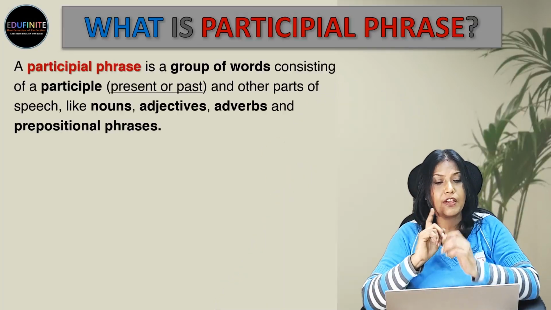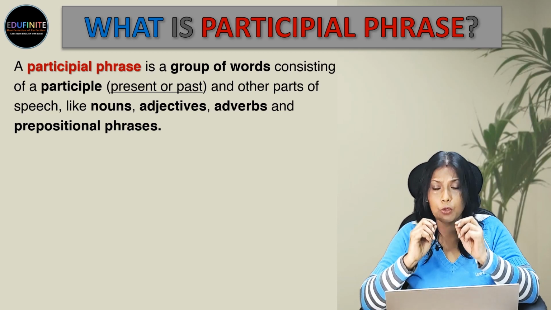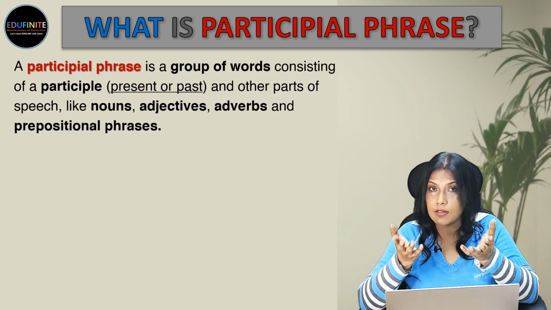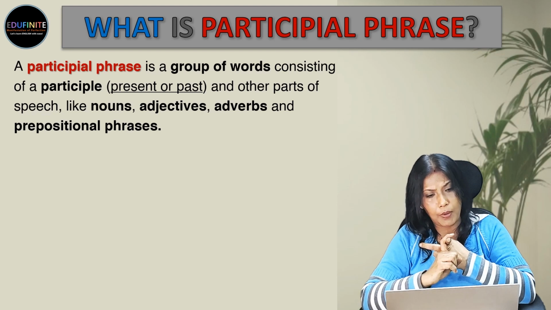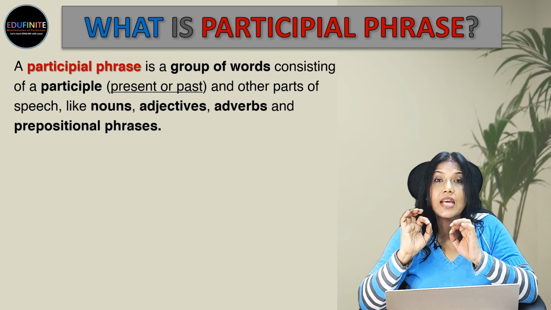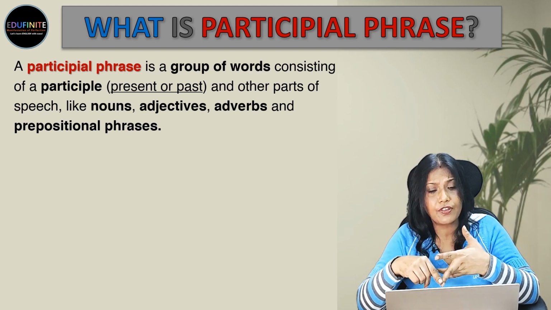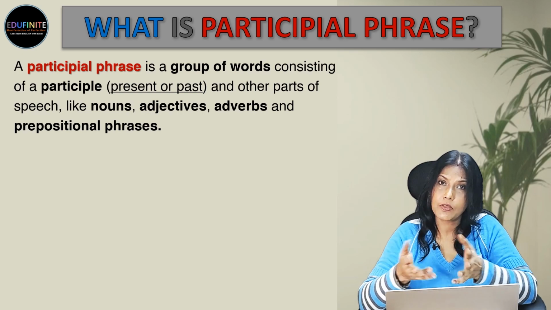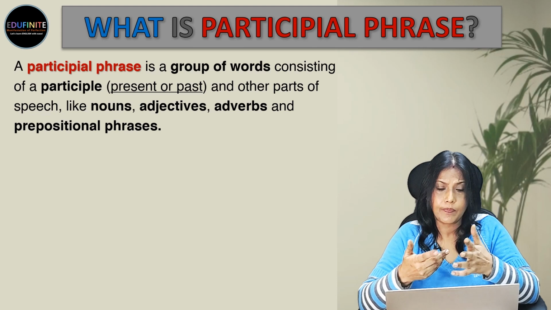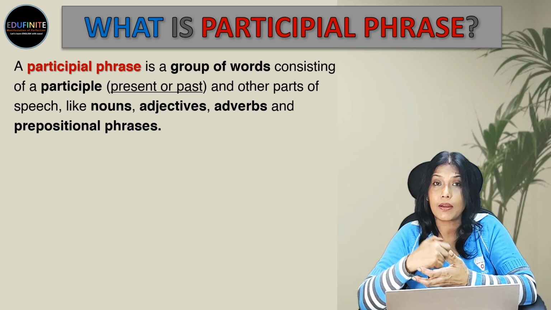A participial phrase is a group of words consisting of a participle, of course. It can be either a present or past participle, along with other parts of speech like nouns, adjectives, adverbs, or prepositional phrases.